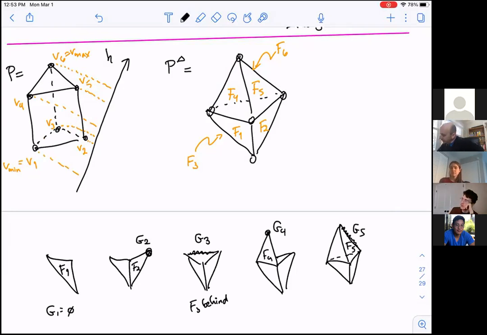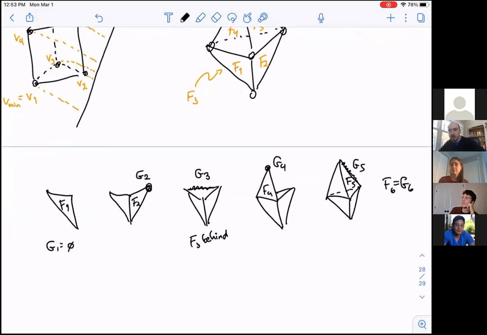And then when I add in F6, you can't even see it because it was already behind, but it's G6. So F6 is where I come around the back and put in that last triangle. It's attached along its entire boundary, and the minimal new face is F6 itself. It's the only thing new that got added. Okay, so everybody see where this is coming from?